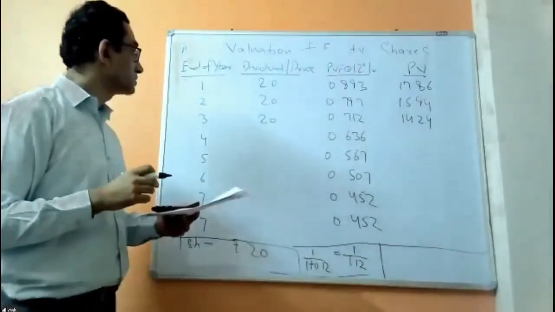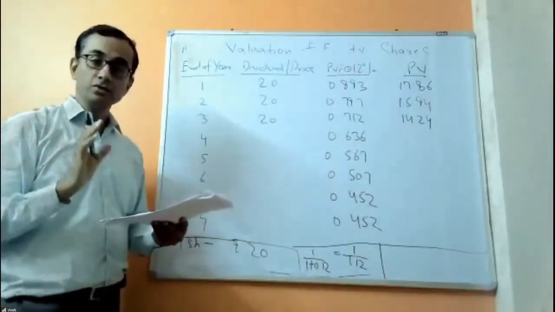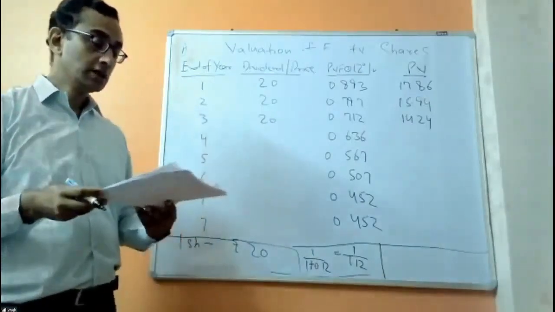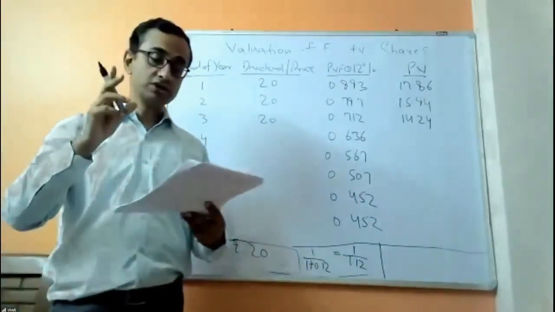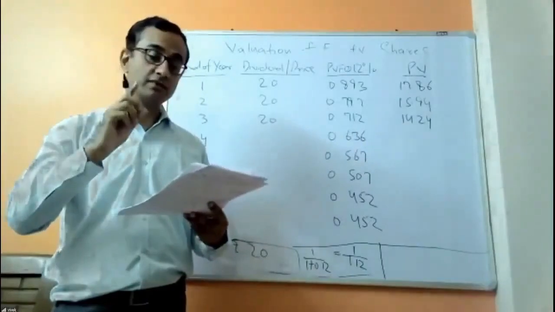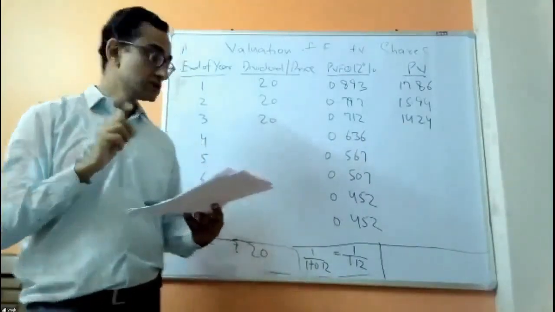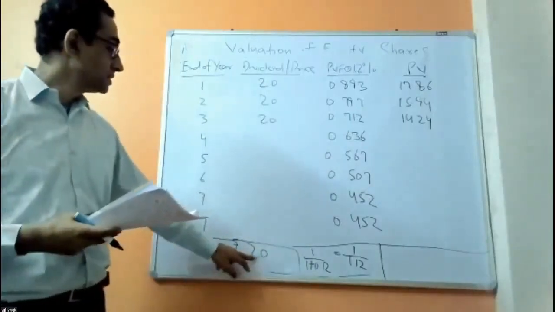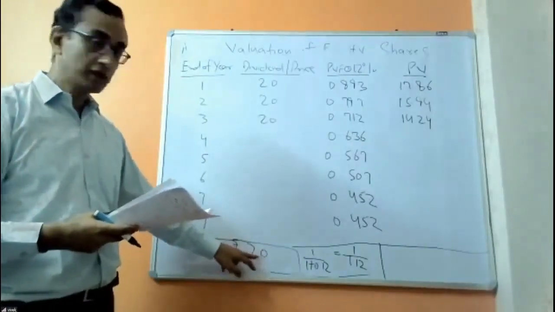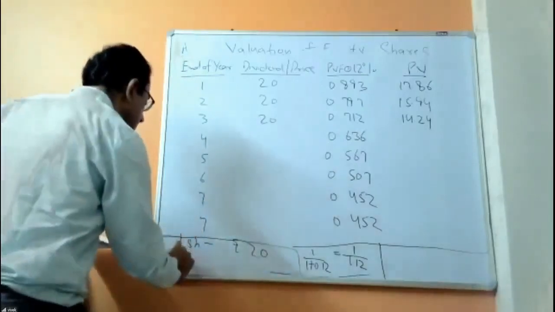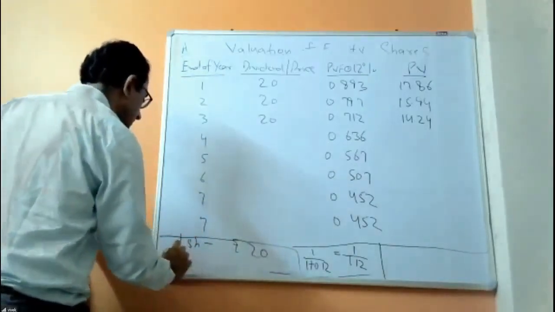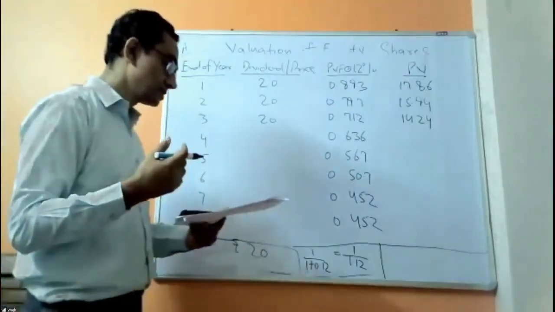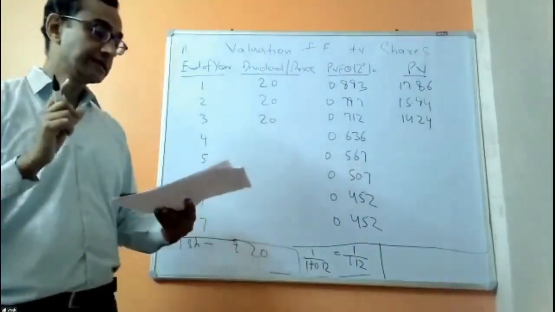Now come to the dividend for the fourth year. Now we have to pay attention to this. What is given in the question? It is given that the investor is expecting a bonus issue at the ratio of 1:5 during the fourth year. Let us see what his shares will be.